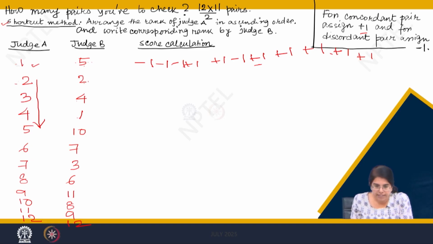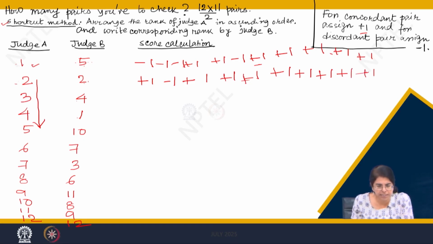So therefore let me write plus 1, minus 1, plus 1, plus 1, plus 1, plus 1, plus 1, and plus 1, and plus 1. I might be wrong in some calculations, because I am doing it on the spot. So you can just make a check. 2 is smaller than 3, 2 is smaller than 4, so plus 1. 2 is smaller than 4, 2 is bigger than 1, so minus 1, similar type of things.